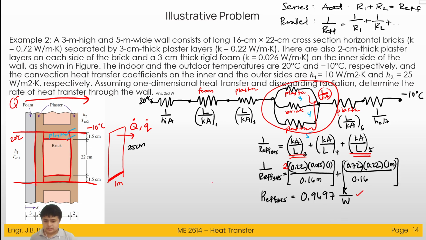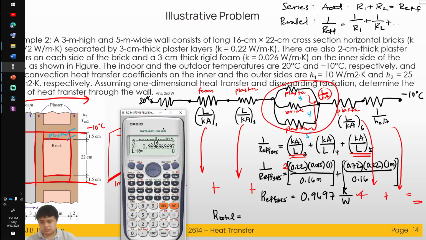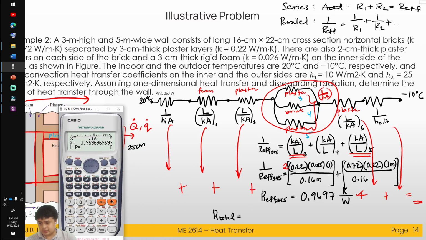Okay. So what we can do after that, since we have defined this, is add this for each. We just solve this to find the total. So also for this, and also for this, to find the total. So I'll just find the total resistance directly using the calculator, just to make things a bit quicker.